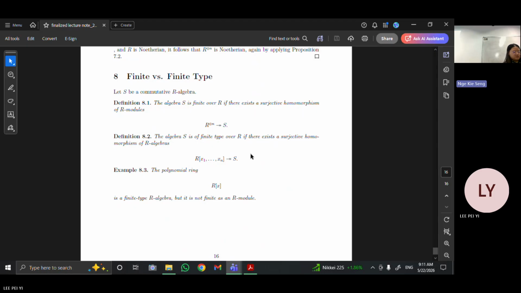And the finite type means that finitely many algebra generators are sufficient, and finite means finitely many module generators are sufficient.